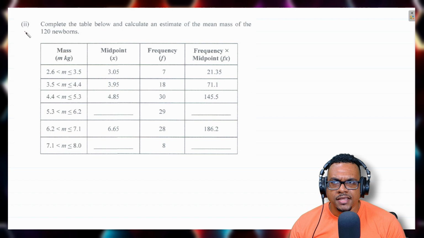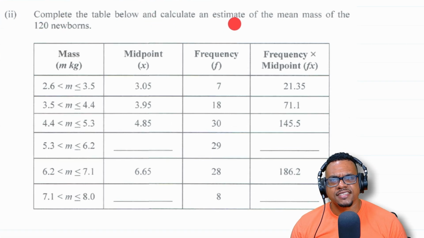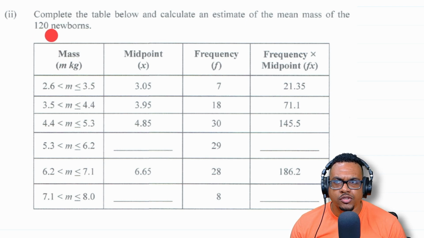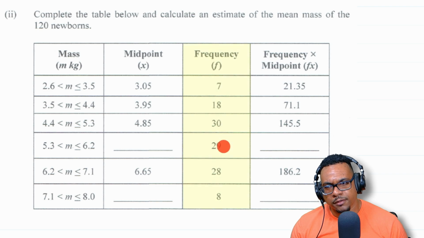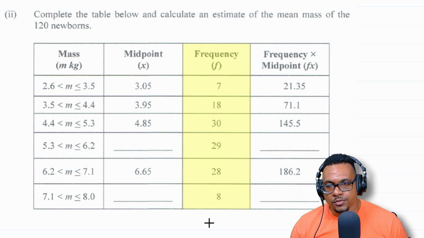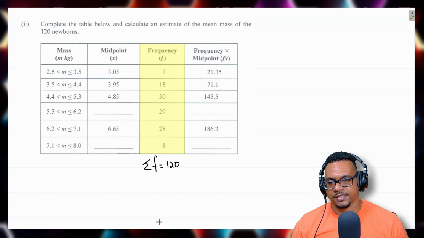Now moving on to part A, part 2, we have to complete the table below and calculate an estimate of the mean mass of the 120 newborns. Now the fact that they tell you that you have 120 newborns means if you add up the frequency, you should get 120. So sigma F should be 120.